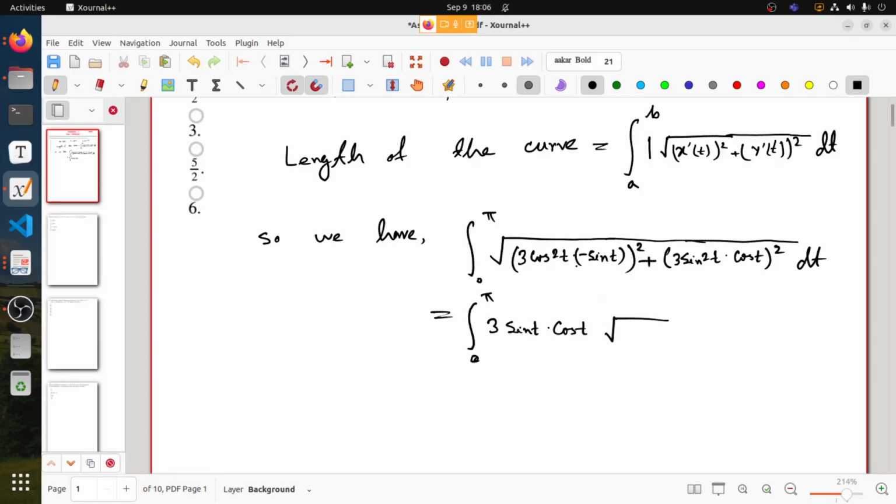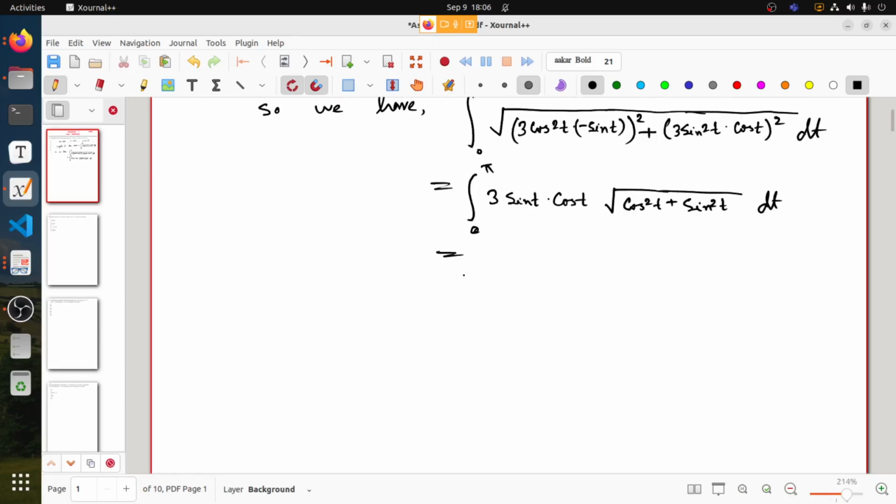Inside the root, from the first square the remaining term is cos square t, and from the second the remaining term is sin square t, dt.